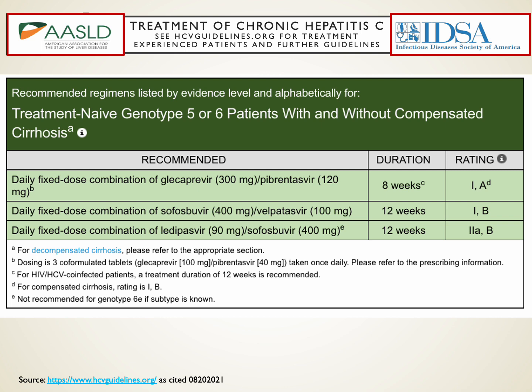But then keep in mind that all of what I've listed here are for treatment-naive patients with these genotypes. If they've already been on certain treatments, there are other guidelines, and I encourage you to go to the national guidelines to look at that and be familiar with that.